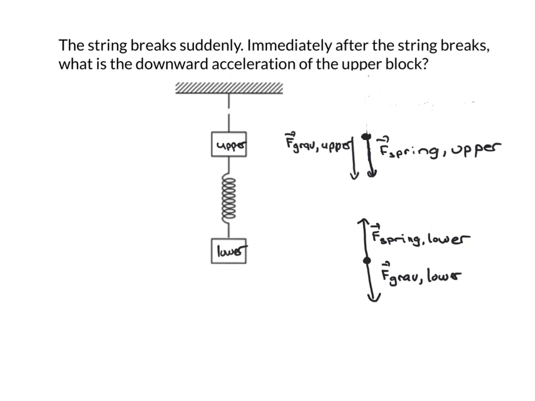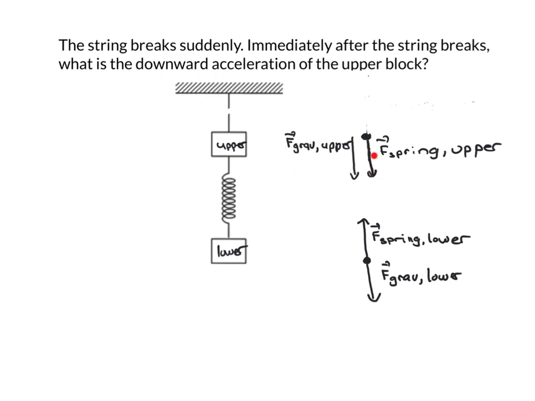And what is that downward acceleration going to be? Well, surprisingly, we can answer that exactly because there are two forces that act on the upper block. The gravitational force, if that were the only force that acted, we know that the acceleration would have a magnitude of 9.8 meters per second squared.